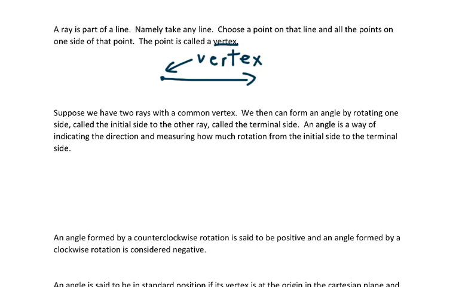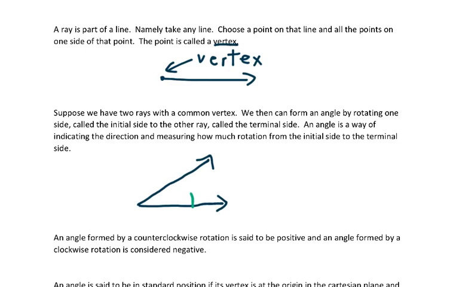The idea is this. If we have, as the notes say here, two rays having a common vertex as here, we take one ray, we call it the initial side, and we rotate it about the vertex to the other ray called the terminal side. So visually, we're going to take this ray down here at the bottom.